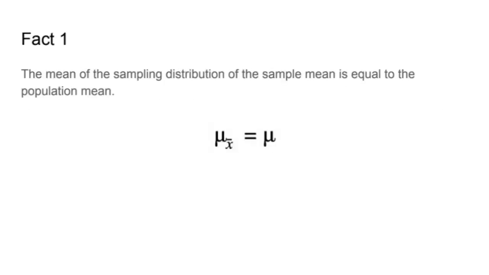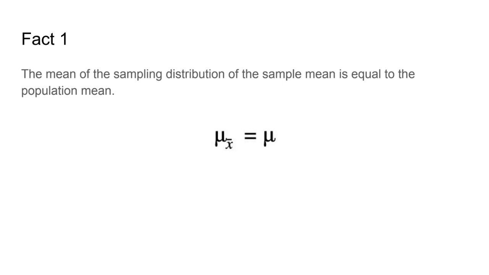So fact one is that the mean of the sampling distribution of the sample mean, so this very long, weird concept that we introduced before, is actually equal to the population mean, right?